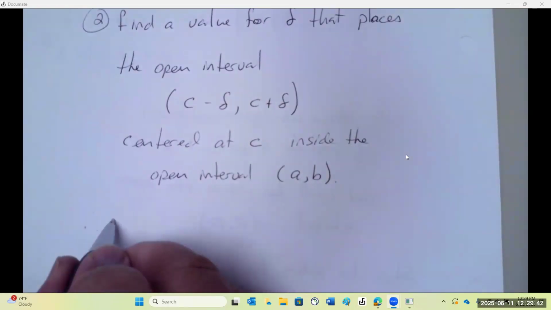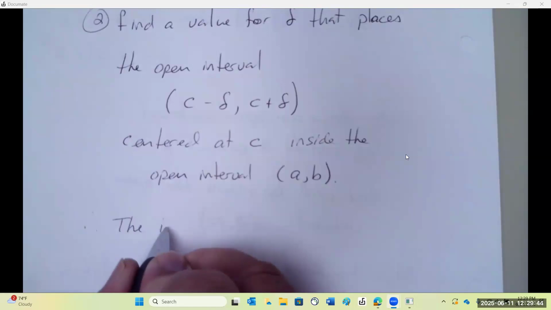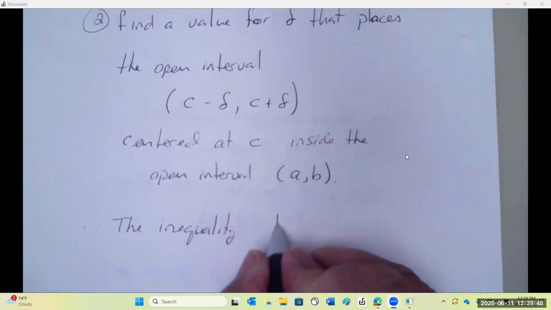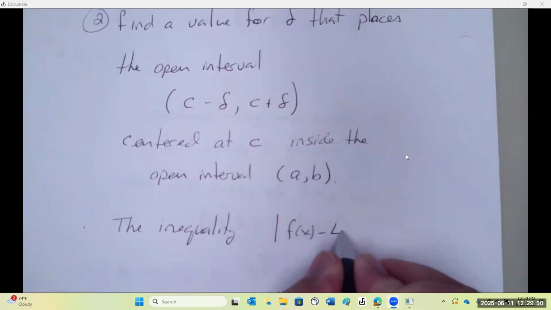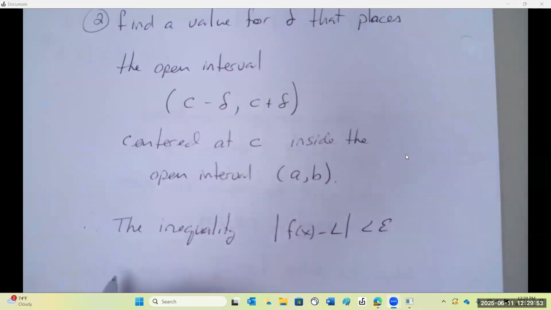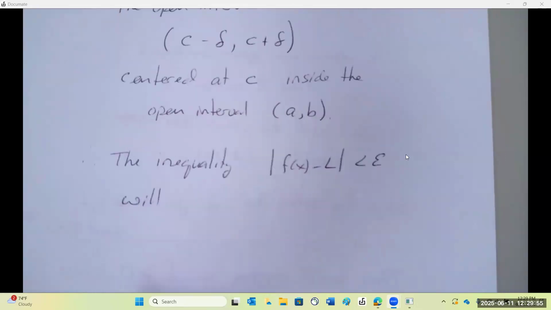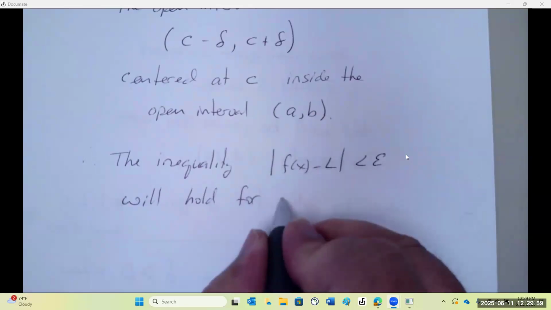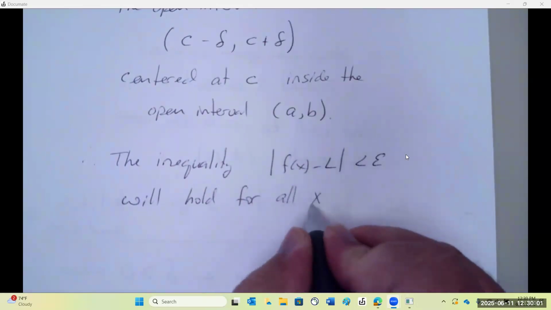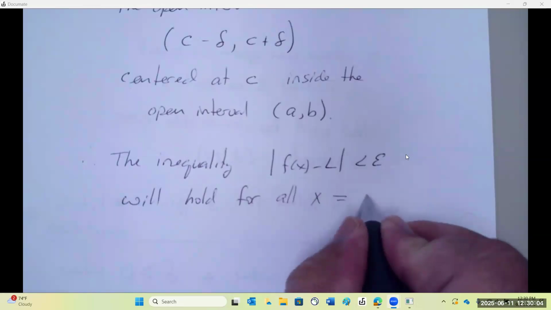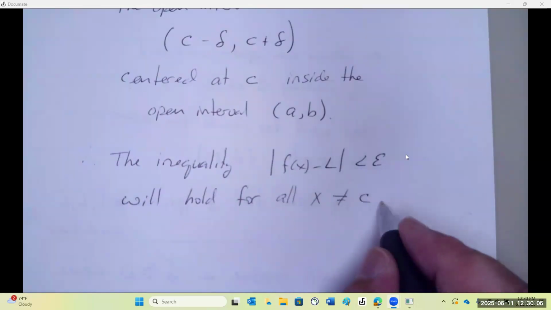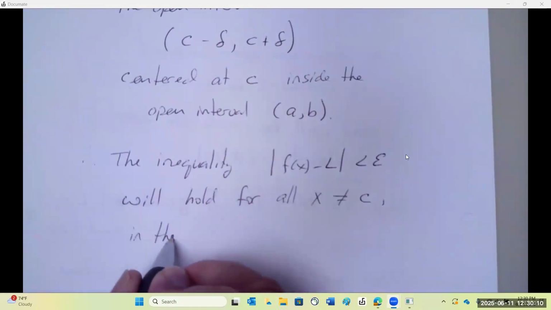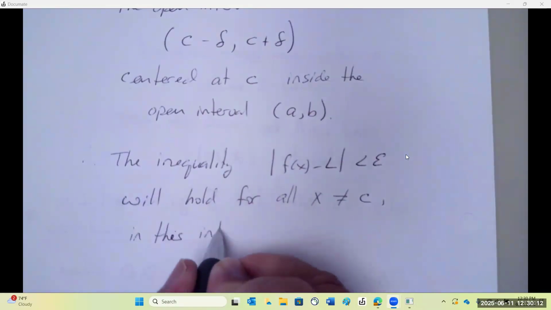When that works, the inequality |f(x) - L| < epsilon will hold for all x's not equal to C in this interval.